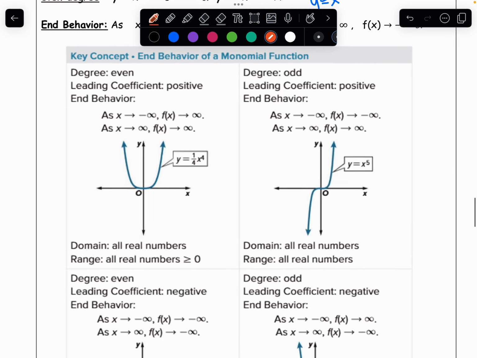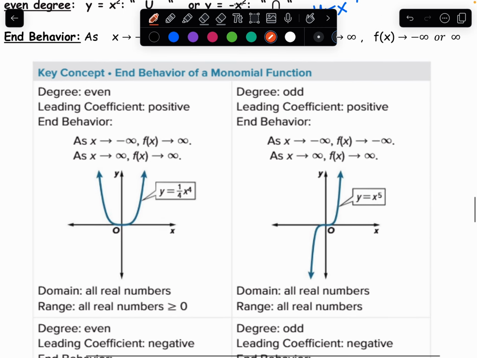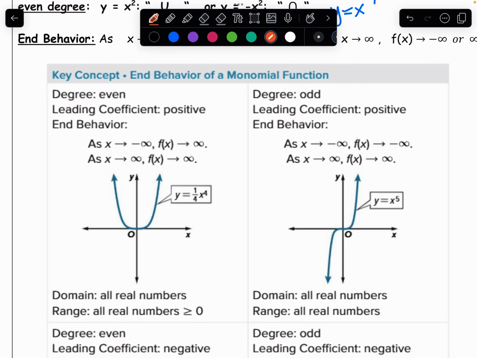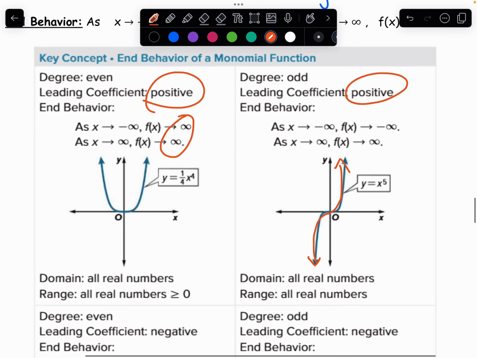So the reason I wanted to talk about that is if it's an even degree, like right here, and our lead coefficient is positive, we're going to have positive infinities. Now, if it's an odd degree and it's positive, it's going to be going in opposite directions. And so like sometimes I think opposite for odd.